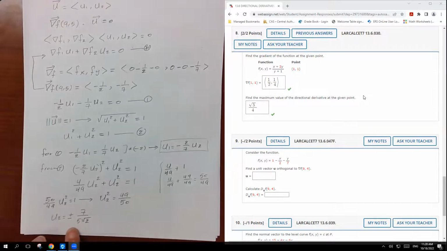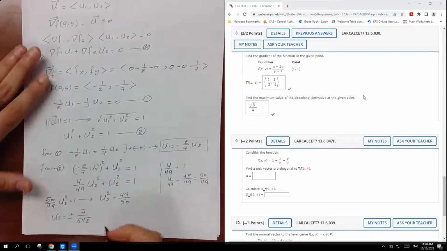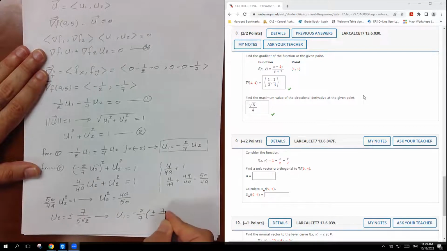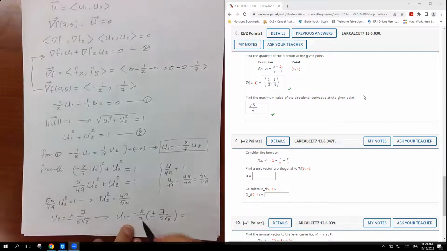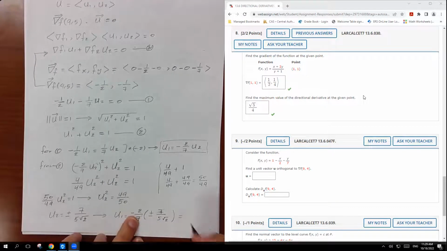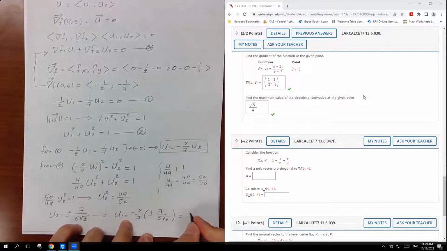Now let's go back and plug this in here. In this case, u1 is going to be negative 2 over 7 times plus or minus 7 over 5 square root of 2. Be careful: cancel the 7 with the 7. Negative times positive is going to be negative.